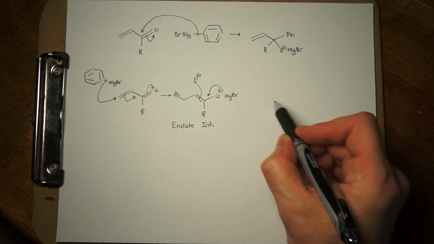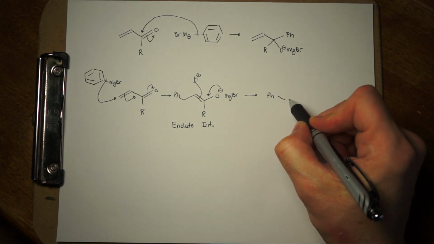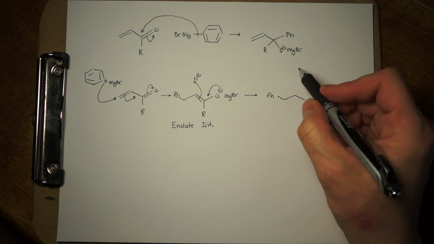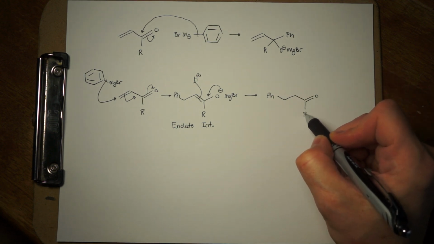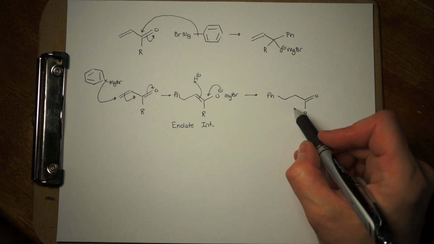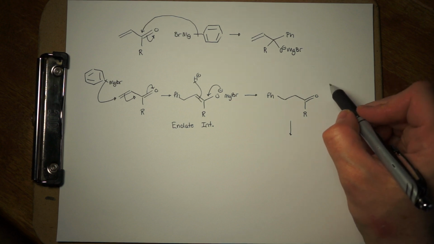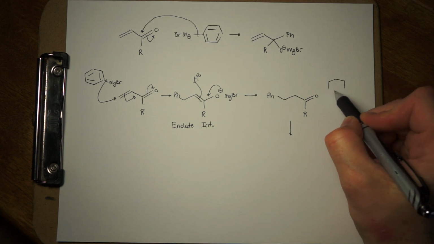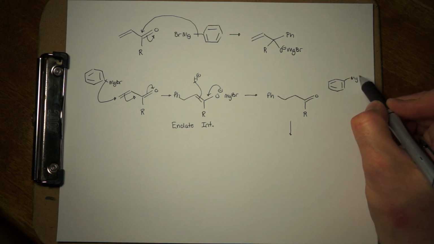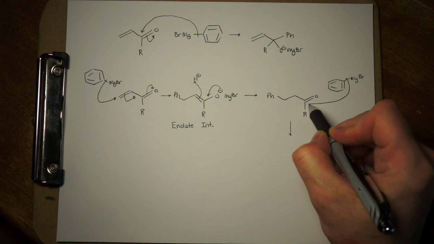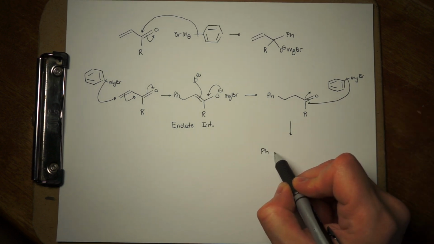And then this will be quenched by a proton. You can see our carbonyl is still intact, so if we do another reaction with phenylmagnesium bromide, right, that's how we would add our second phenyl group.